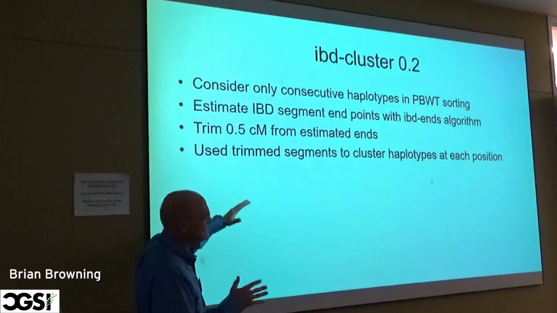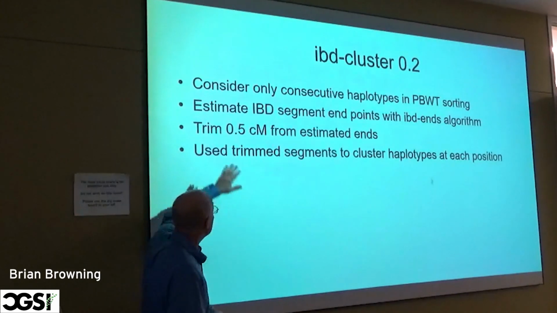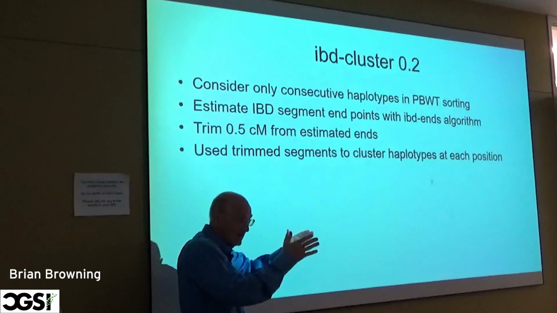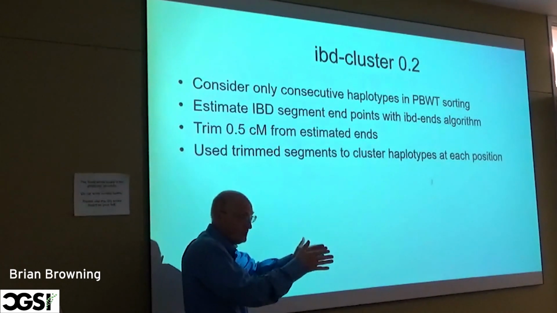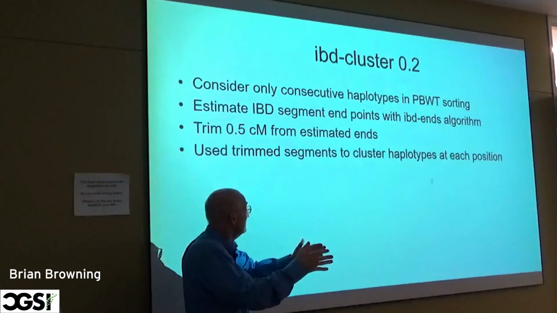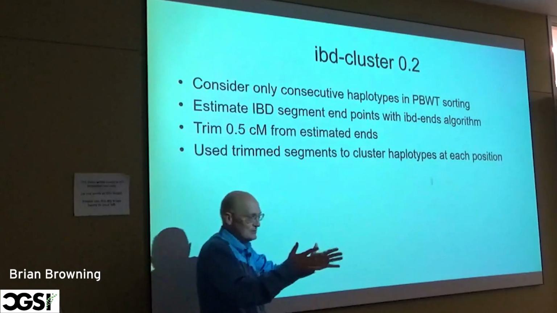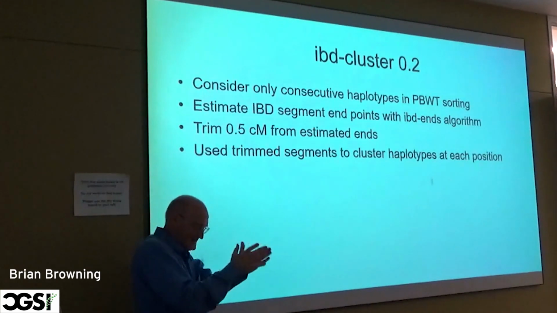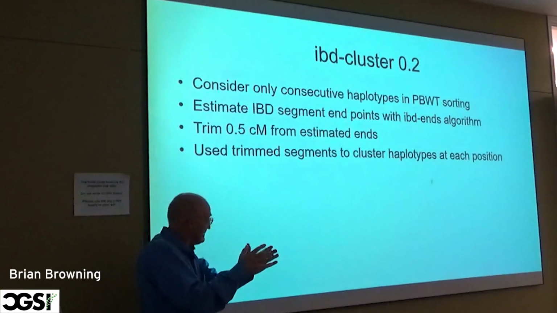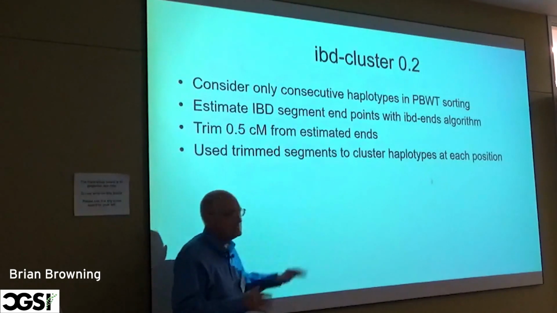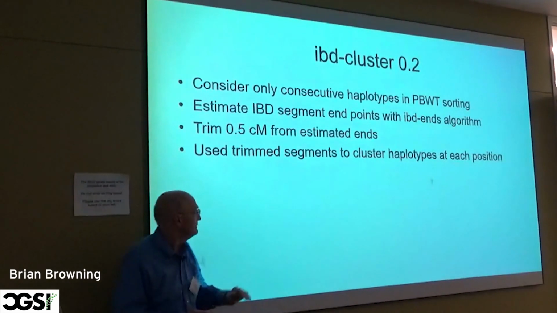Essentially it uses a couple of the techniques we talked about. It uses the IBD ends algorithm, which is fairly accurate for getting an estimate of where the endpoints are, but it's not accurate enough. So then we take the sledgehammer and hit it with a trim. And once we've got these segments that shouldn't contain any extra IBD, we do the clustering, and then it seems to work well.